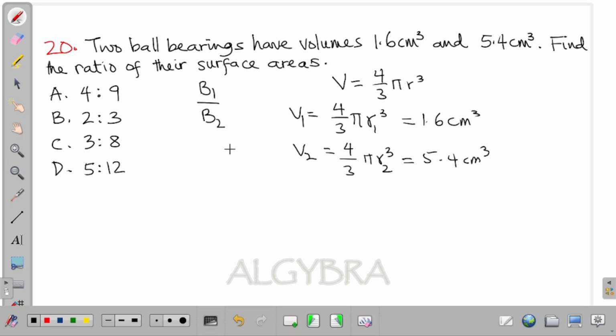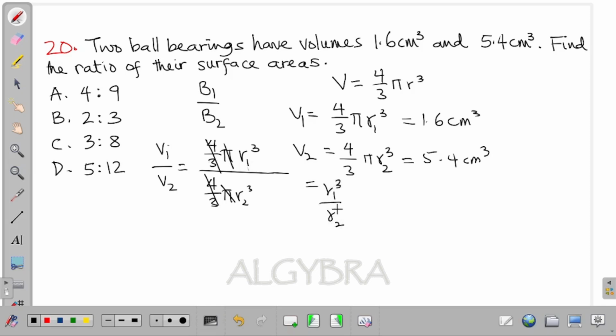Now the ratio of the first volume to the second volume, V1 over V2, is equal to 4/3 π r1 cubed divided by 4/3 π r2 cubed. So 4/3 cancels with 4/3, π cancels π, and we're left with r1 cubed over r2 cubed. We can take the cube, so we have (r1/r2) all cubed.